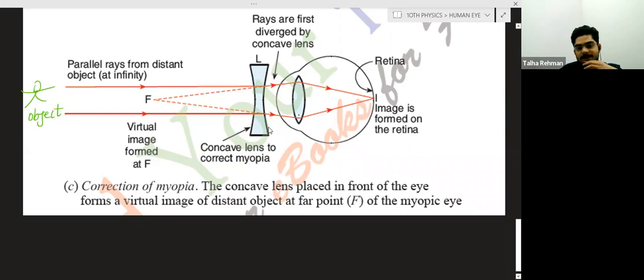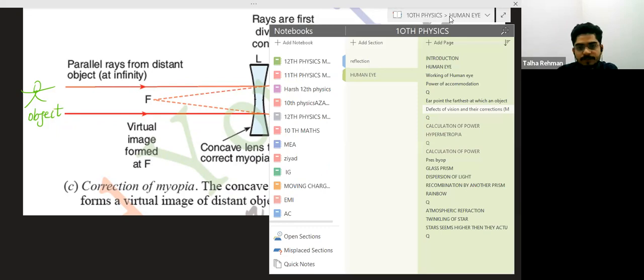For the calculation of the power for myopia, the object distance we take as infinite, and the image distance we take as the near point of the myopic eye.